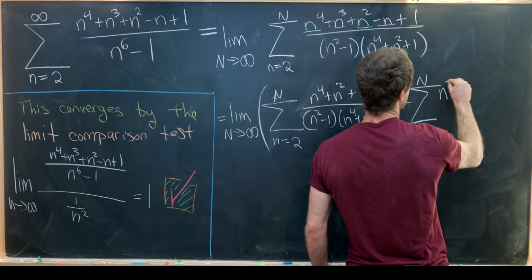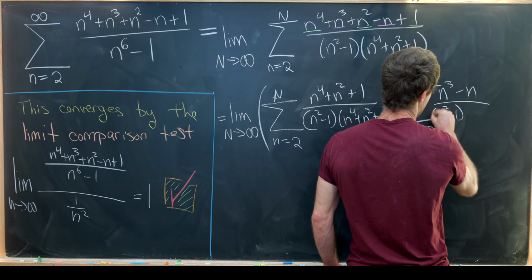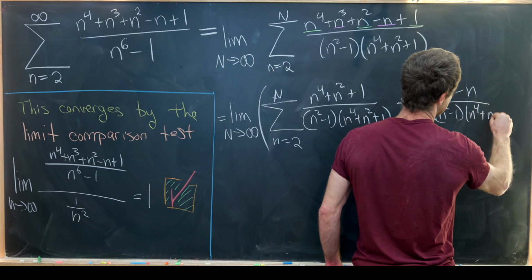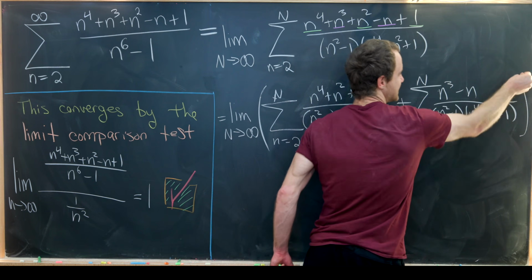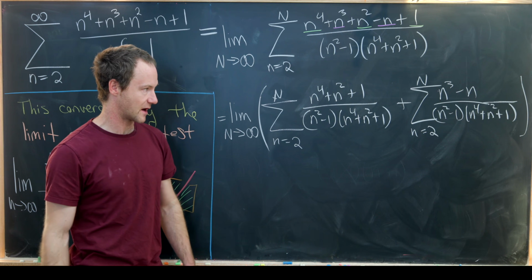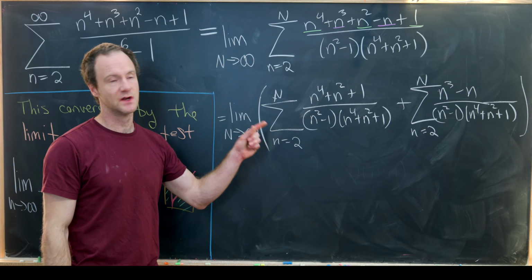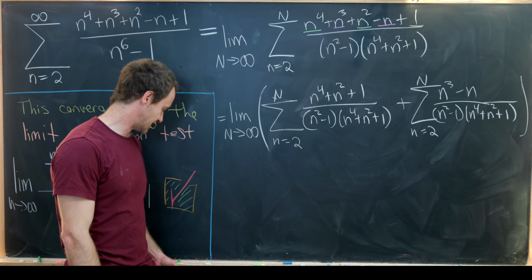So let's see, that's n cubed minus n over n squared minus 1 times n to the 4th plus n squared plus 1. So we can end these parentheses here, and then also notice that we can freely pull that apart into two sums, because at this stage it's just a finite sum within a limit.